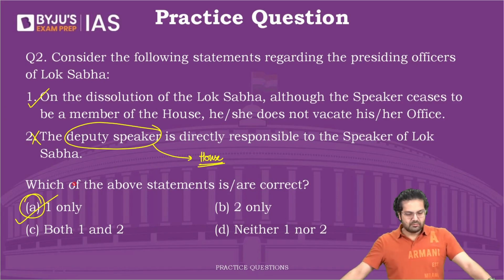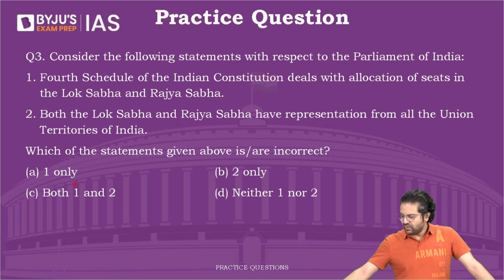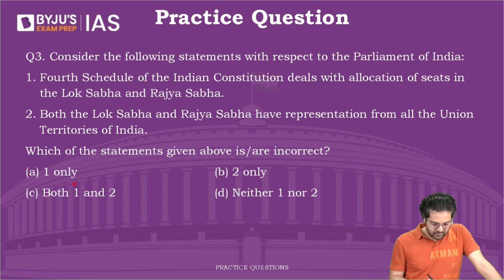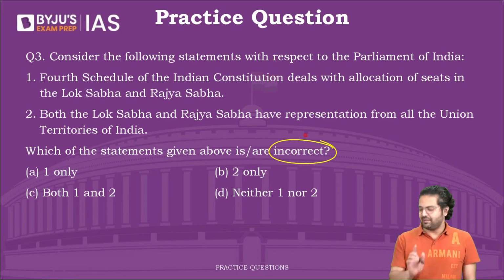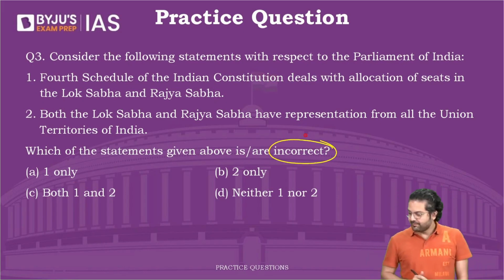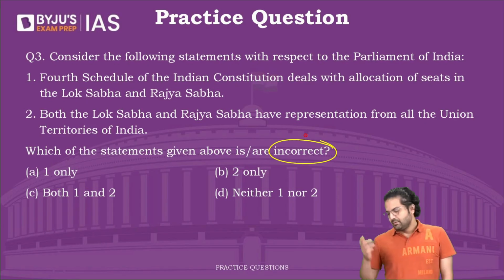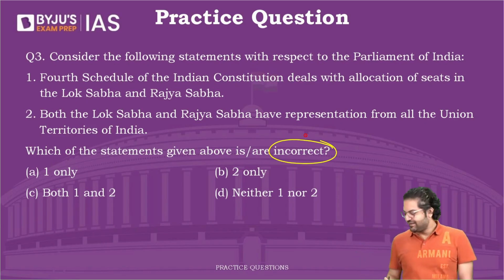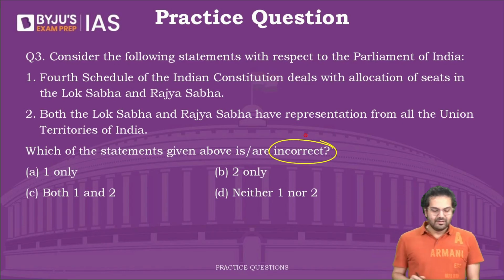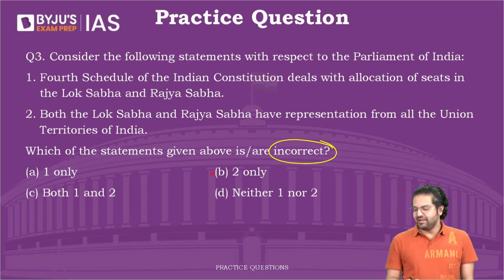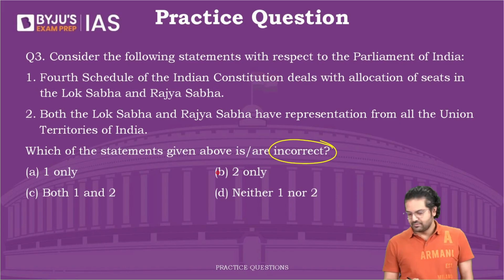Clear on this? Easy question. Now let's move on to the third question. Incorrect yet again. Okay. Fourth schedule of the Indian Constitution deals with allocation of seats in the Lok Sabha and Rajya Sabha.